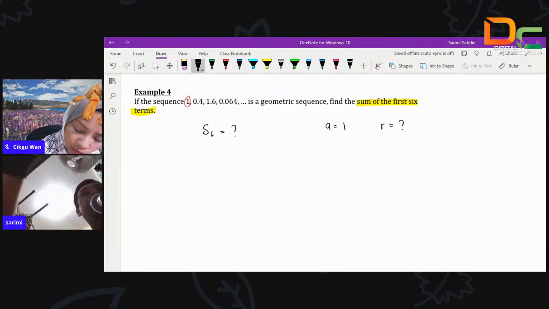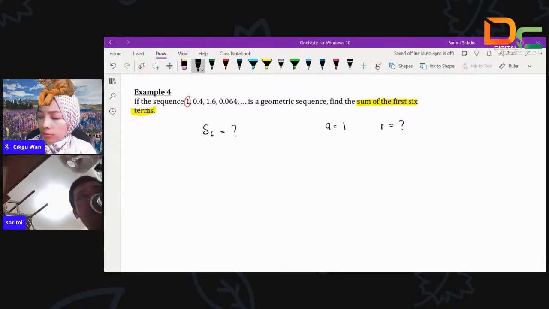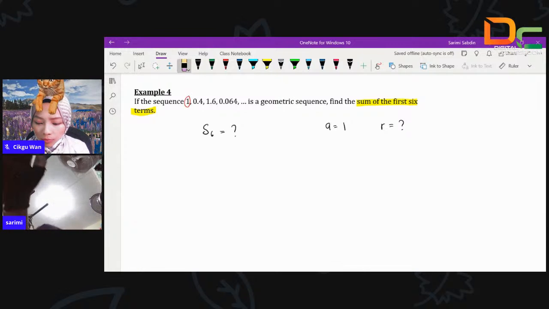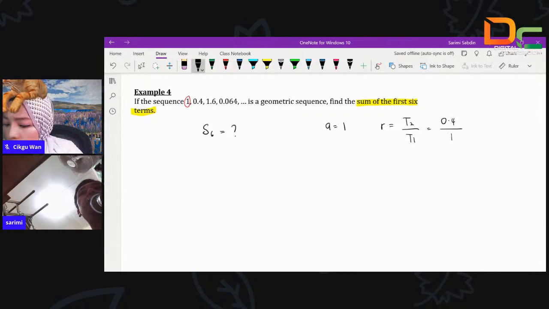And R, we can use the formula Tn over Tn minus 1. So for this question, I will use T2 divided by T1. So T2 is 0.4 divided by 1.